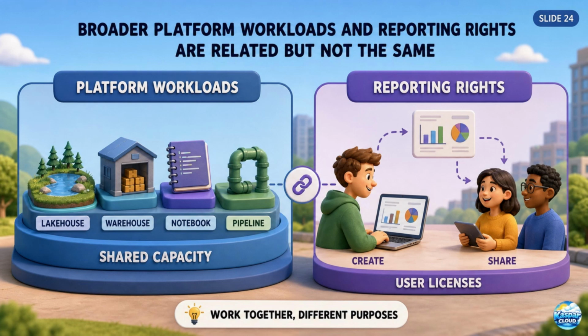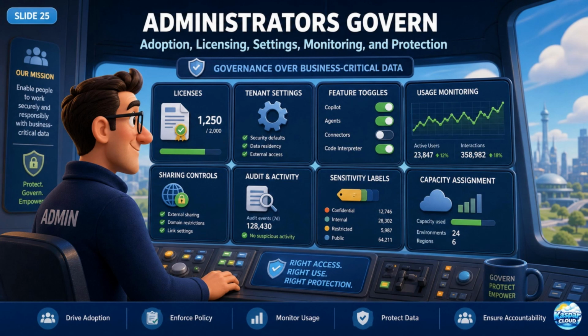Administrators play a critical role in managing Power BI and Microsoft Fabric adoption across the organization. They assign licenses, configure tenant settings, manage self-service sign-up and purchase options, enable or restrict features, and monitor platform usage and performance.